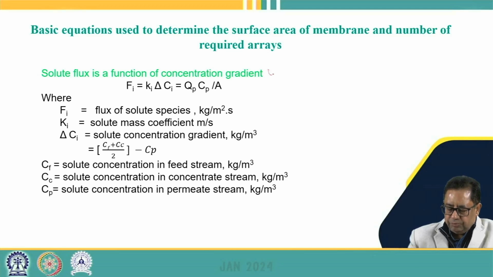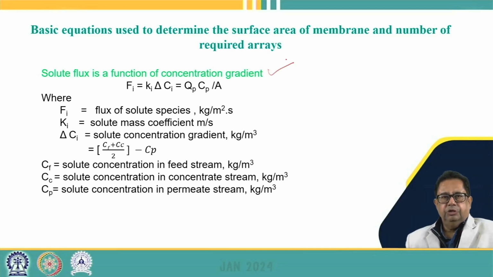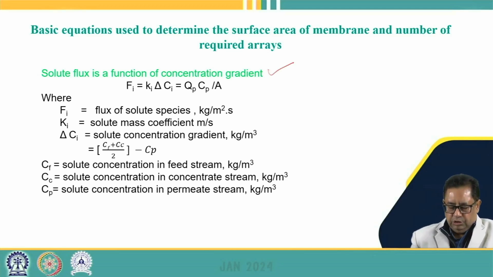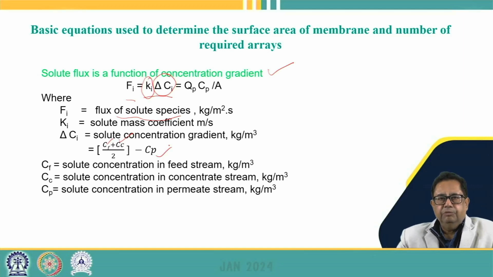Similarly, we also have to apply an equation which involves the movement of the solute. So we have the flux of the solute, Fi, which is equal to the solute mass transfer coefficient, Ki, times the solute concentration gradient. This solute concentration gradient involves the concentration of the solute in the feed plus the concentration of solute in the concentrate divided by 2, minus the concentration of solute in the permeate.